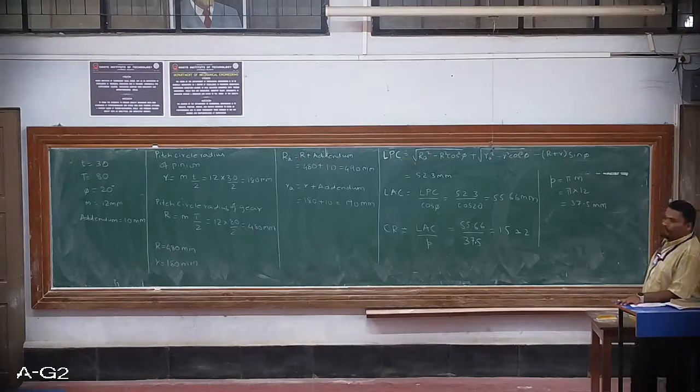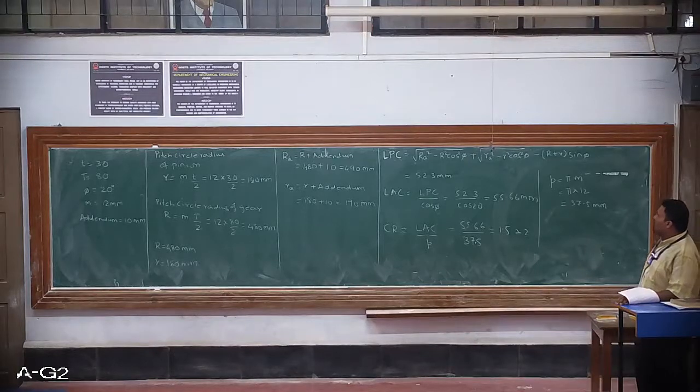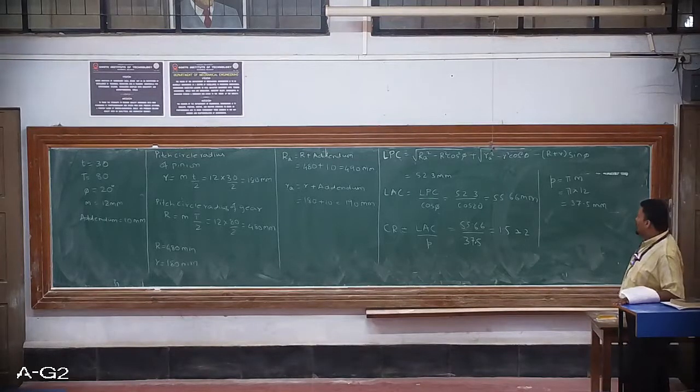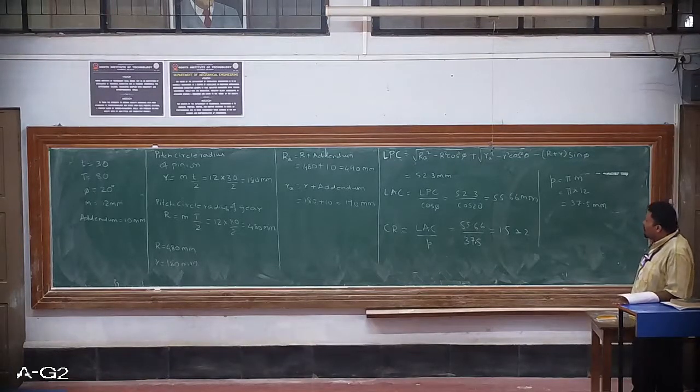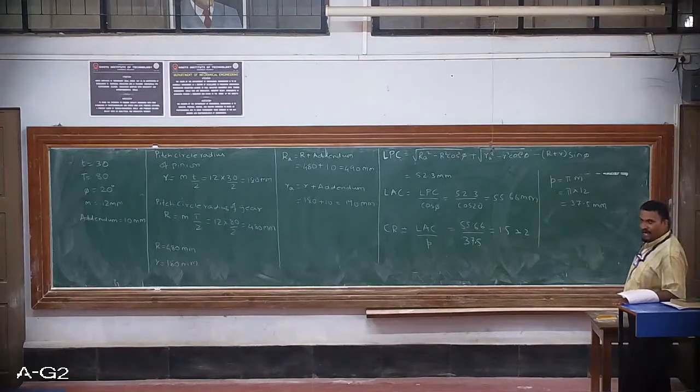The length of path of contact has this equation: root of RA square minus R square cos square phi, plus root of small RA square minus small r square cos square phi, minus (capital R plus small r) into sin phi. We know the values of capital RA, capital R, small RA, small r and phi.